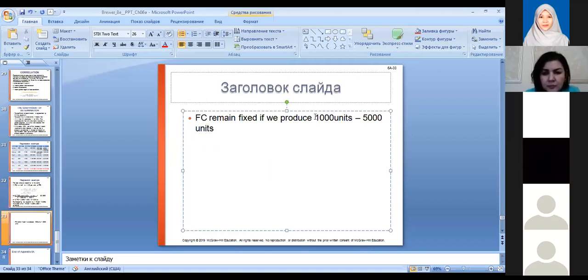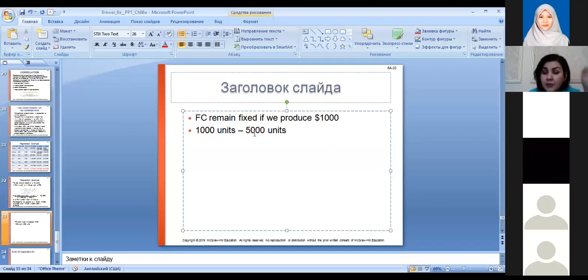So when we produce 1,000 units, fixed cost will be the same. Let's say it is $1,000. When we produce 1,000 units, fixed cost is $1,000. When we produce 2,000 units, fixed cost is still 1,000. When we produce 3,000 units, fixed costs are still 1,000, and it is up to 5,000 units.